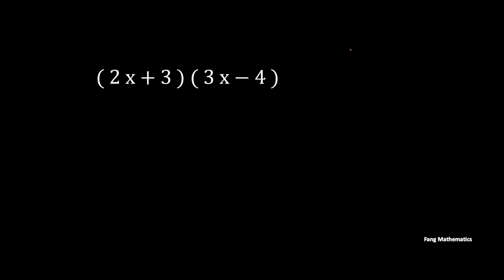Moving on, we are to look at another example. Let's recall your acronym. So it's FOIL. Let's start from F. F is the first term in each binomial. 2x multiplied by 3x.